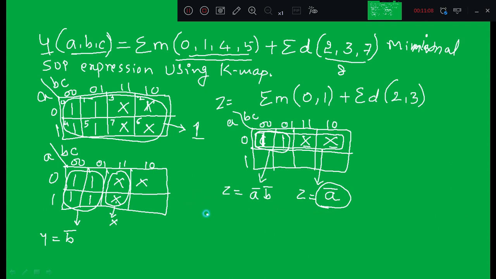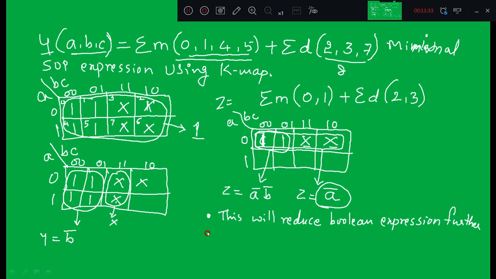So what are the advantages of using don't care terms? This will reduce the Boolean expression further, right? You can observe it from the previous example.